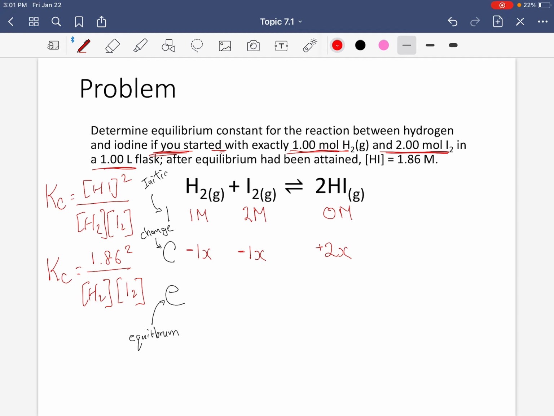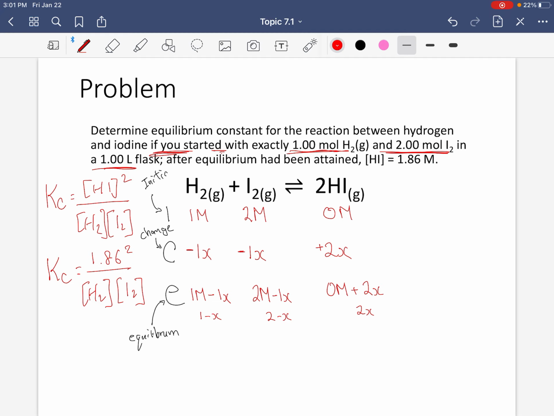It's going to be 1 molar minus 1x, so in this case 1 minus x. For I2, it'll be 2 molar minus 1x. For HI, it'll be 0 molar plus 2x. It's ugly to write it this way. It's really 1 minus x, 2 minus x, and 2x. That's what it really is.